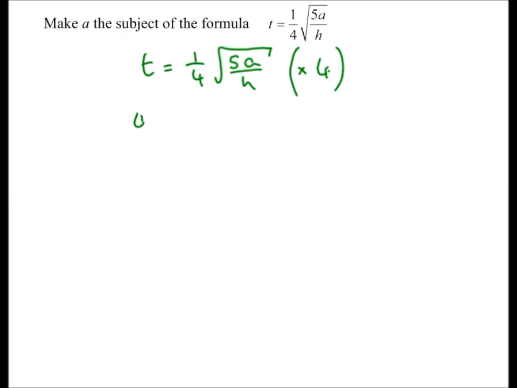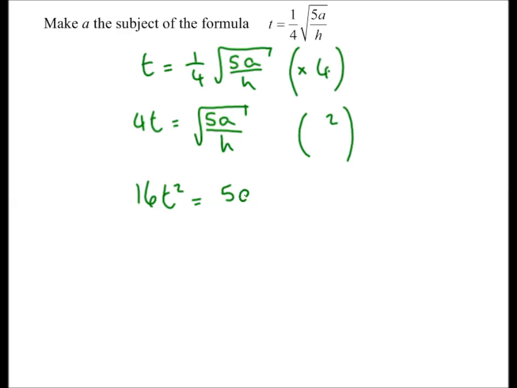So when I do that, I'm going to end up with 4t equals the square root of 5a over h. Now I need to get rid of the square root, so I'm going to do the inverse of square rooting, which is squaring. So that gives me 4t squared. Well, 4t squared is 16t squared equals 5a over h.